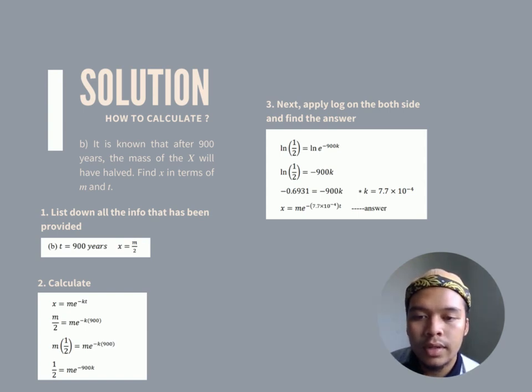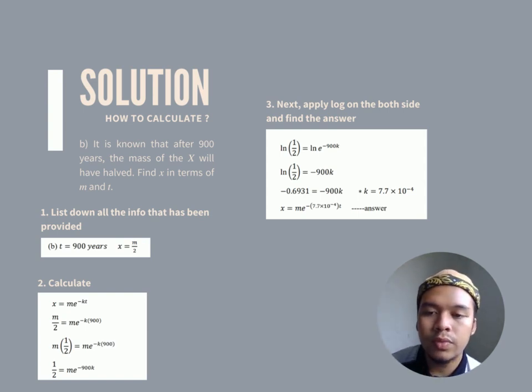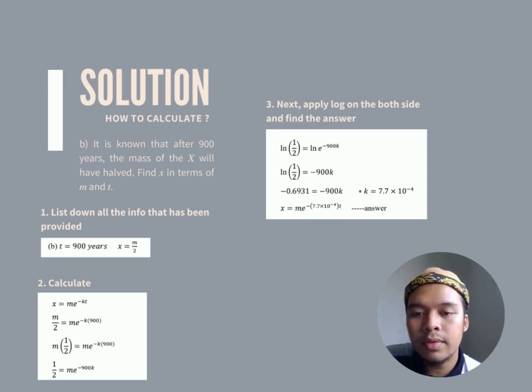We take out the M, and the equation will be M multiplied by 1 over 2 equal to M e to the power of negative 900K. And the equation will be 1 over 2 equal to e to the power of negative 900K.